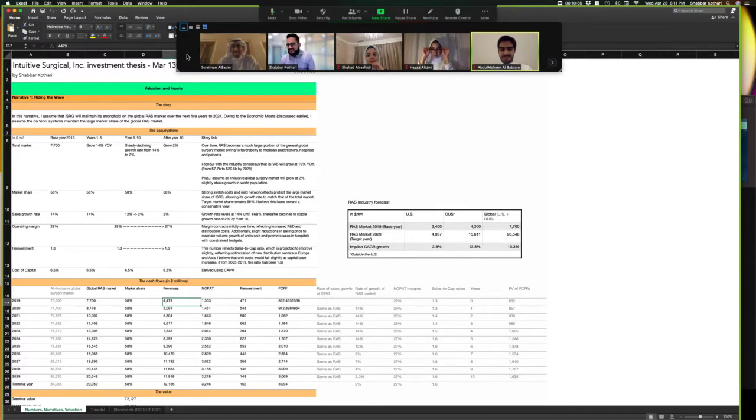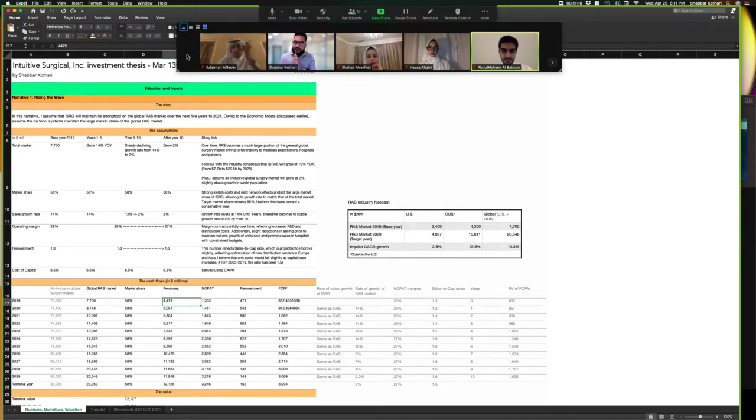All right, guys. So here's the Excel model that I put together. Like I said, because this is an actual case back in March 2020, ISRG, because of the nosedive in price that it took, may have become a very interesting investment back in March.